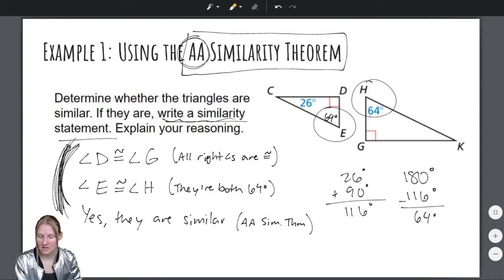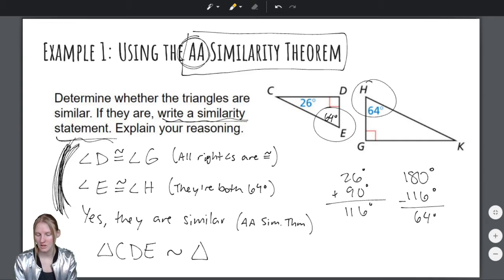And don't forget, they wanted us to write a similarity statement. So we're gonna write triangle CDE. We'll go in order of the alphabet. Is similar to triangle which angle corresponds with C?